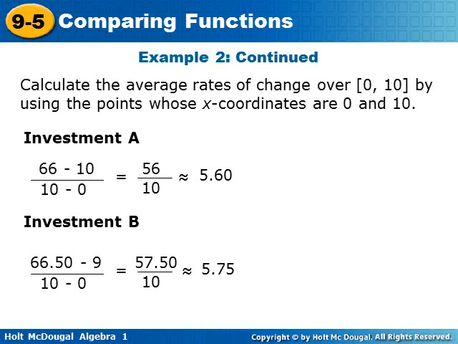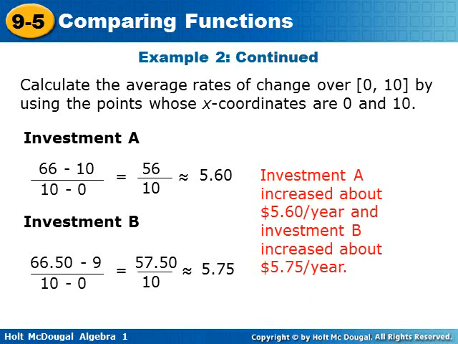And for investment B, still the same slope formula, we have 66.50 minus 9 divided by 10 minus 0, which is 57.50 divided by 10, which is 5.75. So investment A increased about $5.60 per year, and investment B increased about $5.75 per year.